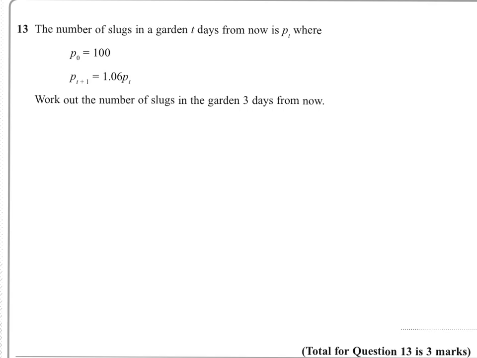Question 13. It says the number of slugs in a garden t days from now is p subscript t, where p subscript 0, i.e. when our population is started, when t is 0, is 100 slugs. And then there's an iterative formula where to get the next amount of slugs we have to multiply the previous amount, population, by 1.06.